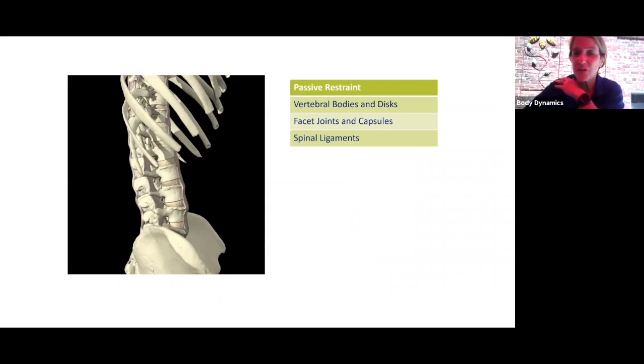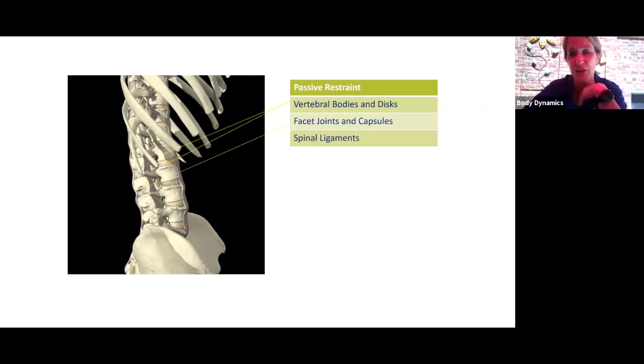The passive restraints, the structure of our spine that prevents our head from falling off of our trunk or our trunk from falling off of our hips, is a real structural framework. It's the vertebral bodies and the discs in between them. Those are typically not the issue whether you've got a normal spine, a stiff spine, or a hypermobile spine. The bones are generally pretty good.